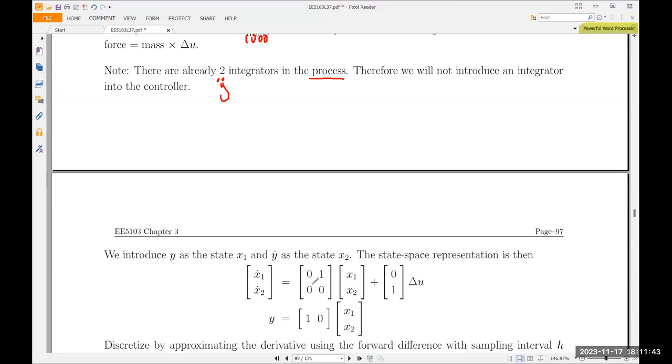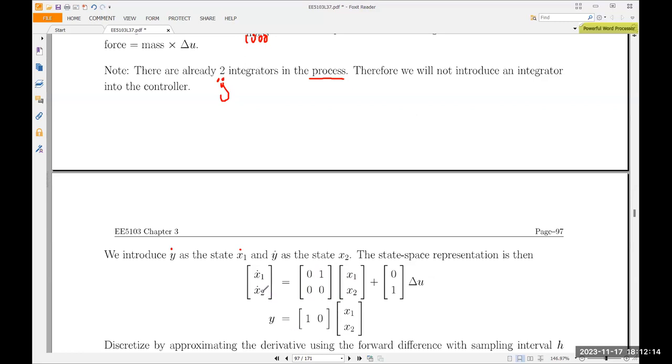Then I fill up the matrices and vectors. I see x1 dot, so I look at Y. Y dot is actually x2, so I write 0, 1, so that x1 dot equals x2. This is how I fill in the blanks for this matrix.